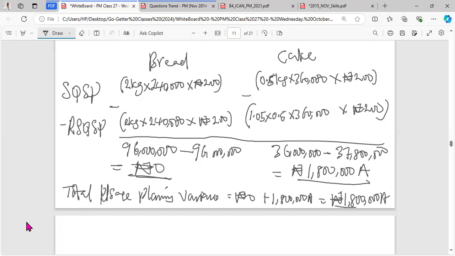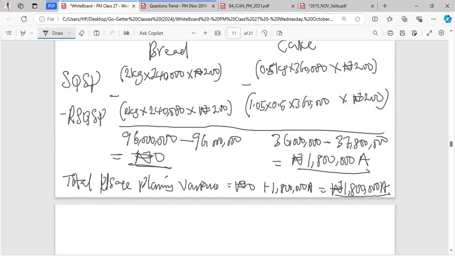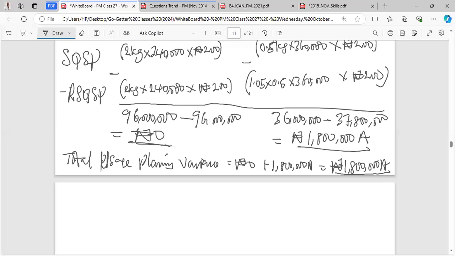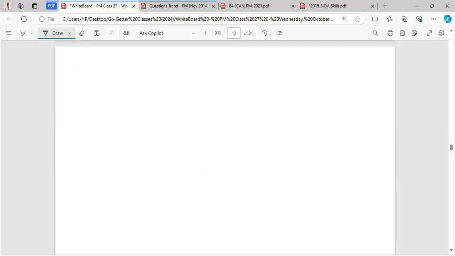So what do we expect of a planning variance? To be adverse. If you have favorable in planning variance, then there is something wrong with what you have calculated. So this will not be useful for anything for us.